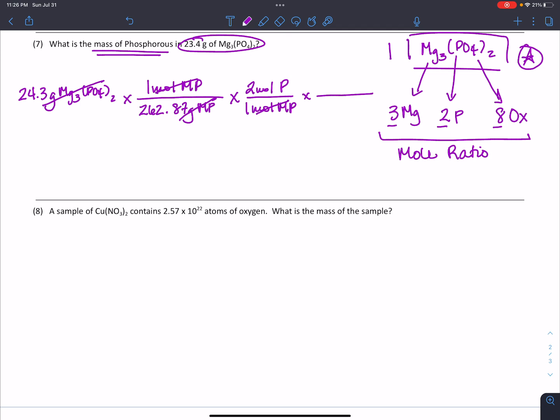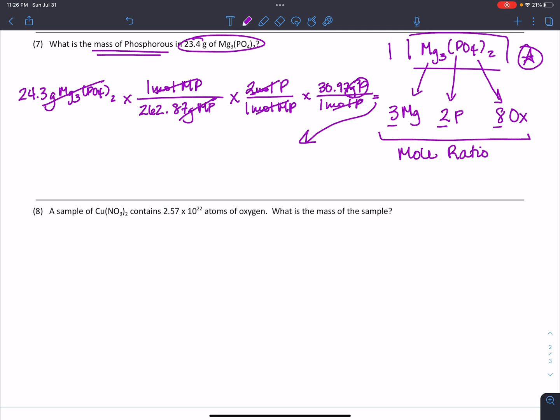And again, this is going to be a molar mass step. So 1 mole of phosphorus, if we go check the periodic table, has a molar mass of 30.97 grams. So those moles of phosphorus are going to cancel. We're going to be left with grams of phosphorus, which is what the problem asks for.